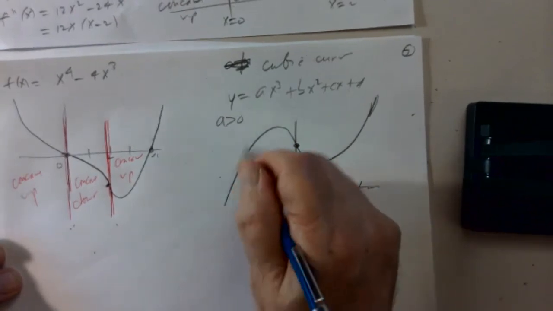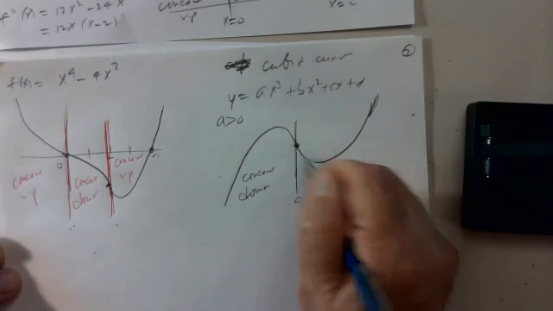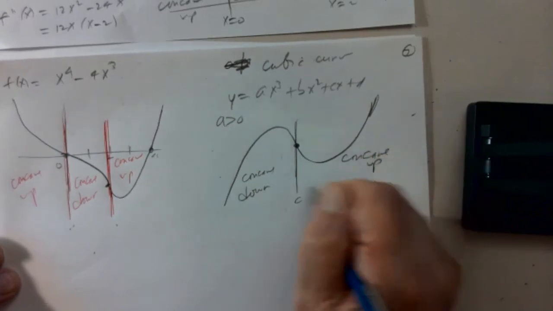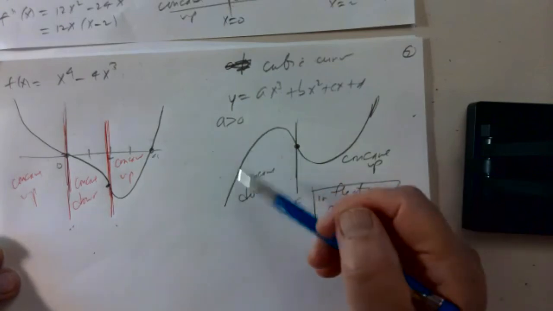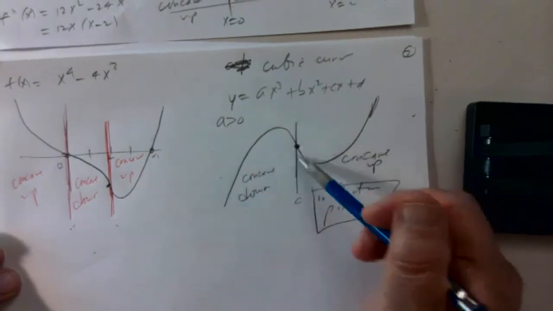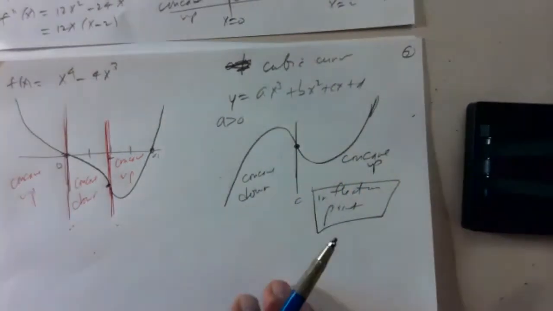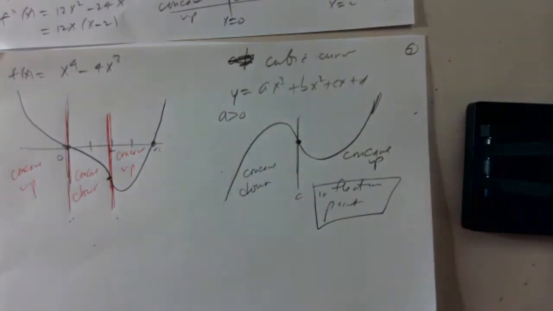To the left of c, this curve is concave down, and to the right, it's concave up. A cubic curve almost always looks like this. There are some degenerate cases like y equals x cubed that look a little different, but this is the general form of a cubic curve.